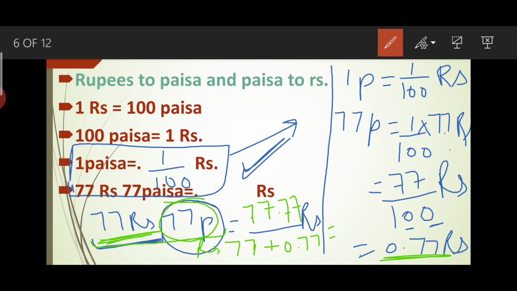This was question number 2, third part of your next exercise, that is I think 2.5. So is this clear to you? You just have to remember this formula, that in 1 paisa how many rupees you are having, then you have to convert the question accordingly.